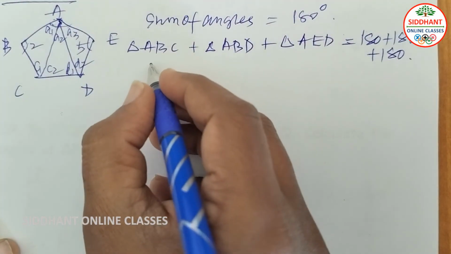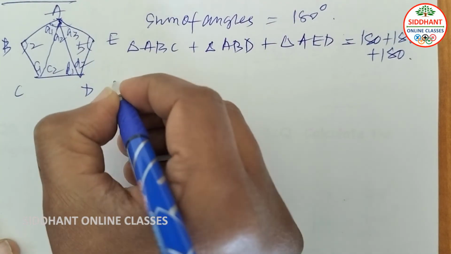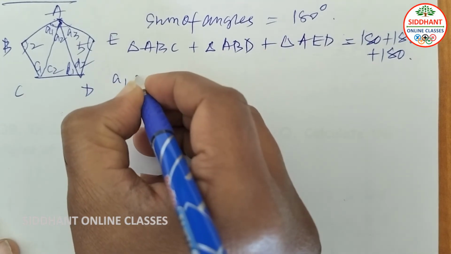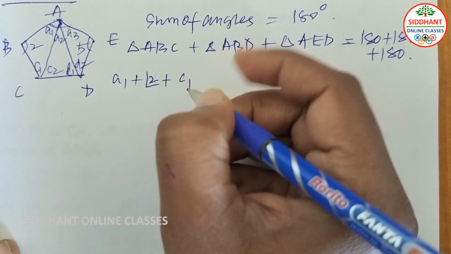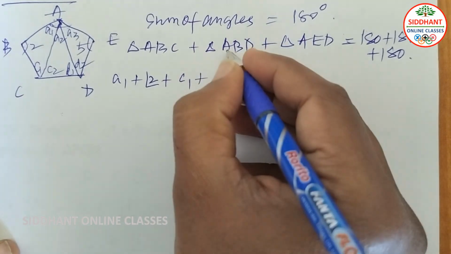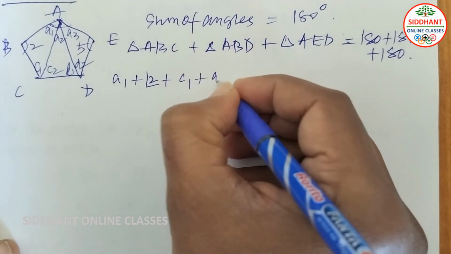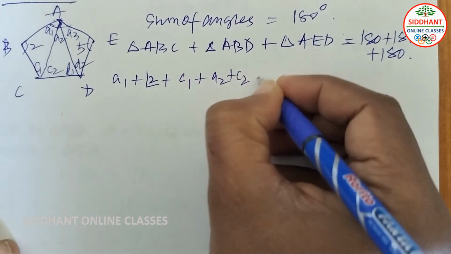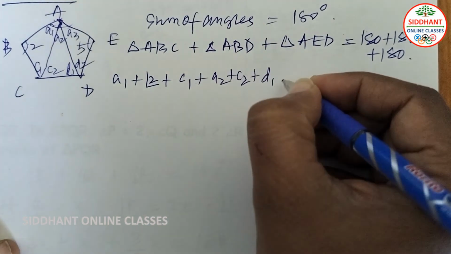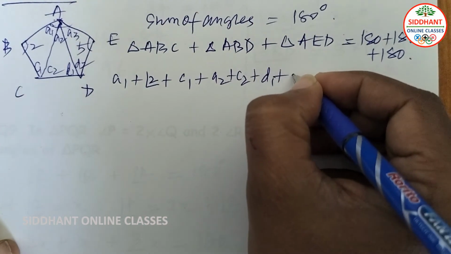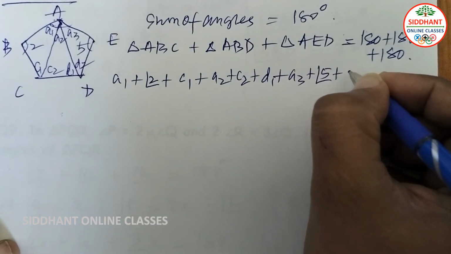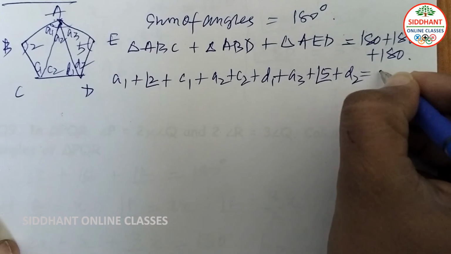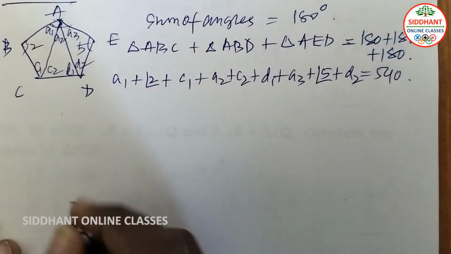So for the triangle angles, this will be A1 plus angle 2 plus C1. Now here sum A2 plus C2 plus D1 plus A3 plus angle 5 plus D2, that equals 540 here.